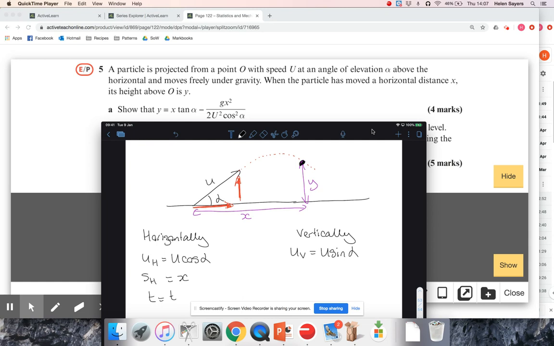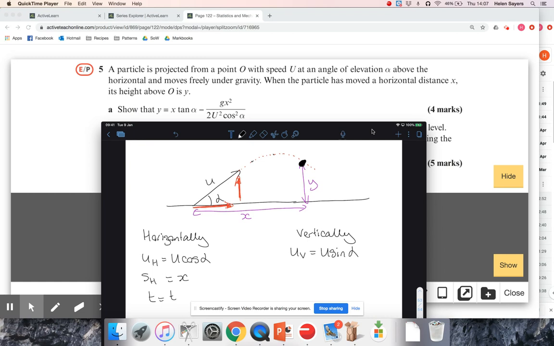If I take this point here, just a random point, I could be looking here or here, but basically at this point the time is going to be the same. The vertical velocity will be different to the horizontal velocity, the displacements won't be the same, but after 2 seconds, the horizontal time is 2 seconds and the vertical time is 2 seconds. There's no difference between the two.